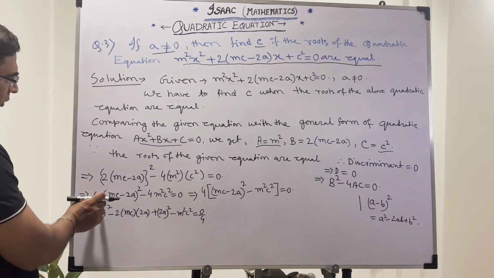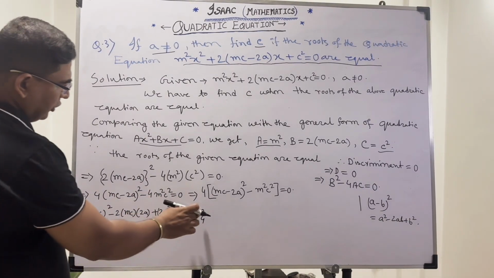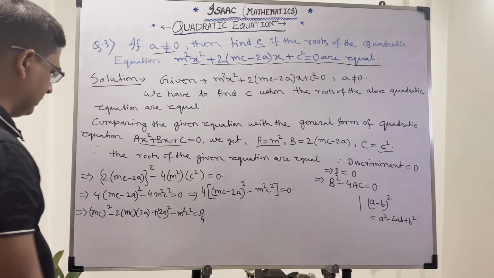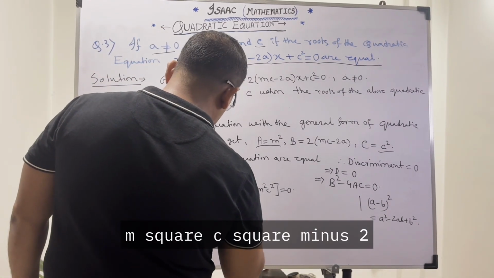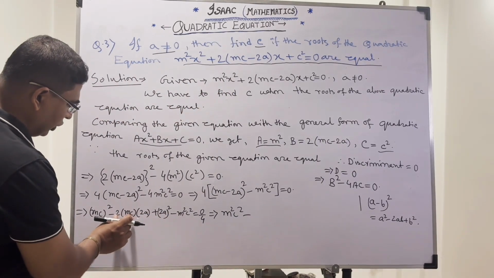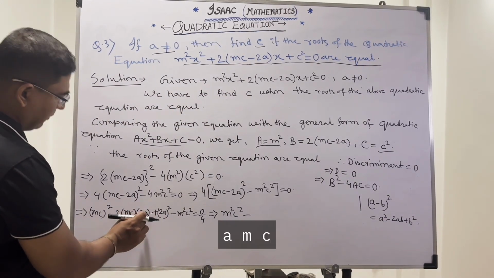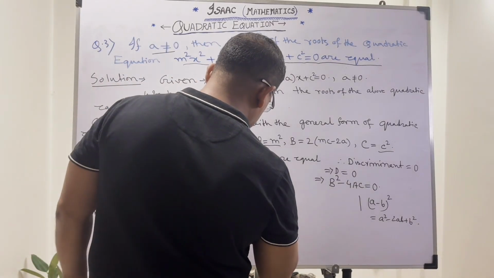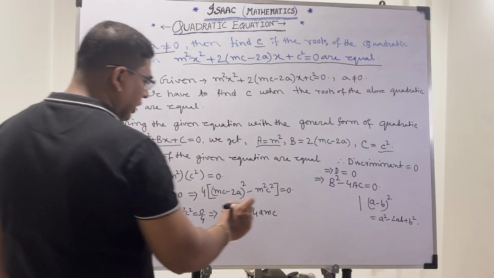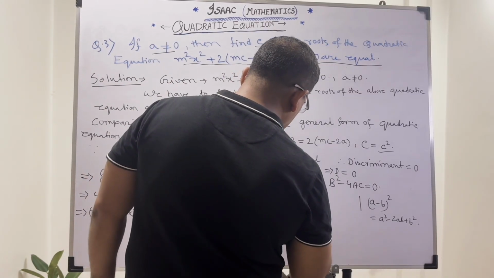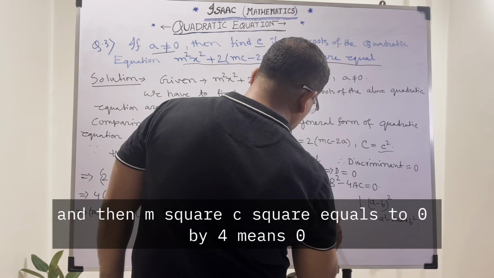When this 4 goes to the right hand side, we have 0 by 4 in the right hand side. This implies m square c square minus 2 into mc into 2a will give 4amc, (2a) whole square will give 4a square, and then m square c square equals to 0 by 4 means 0.